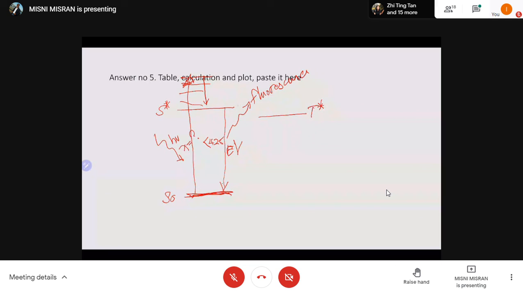And after you come down, there's an intersystem crossing over here, and we relax to the lowest excited triplet state. Now, as it comes down, this is actually the EV for your phosphorescence.